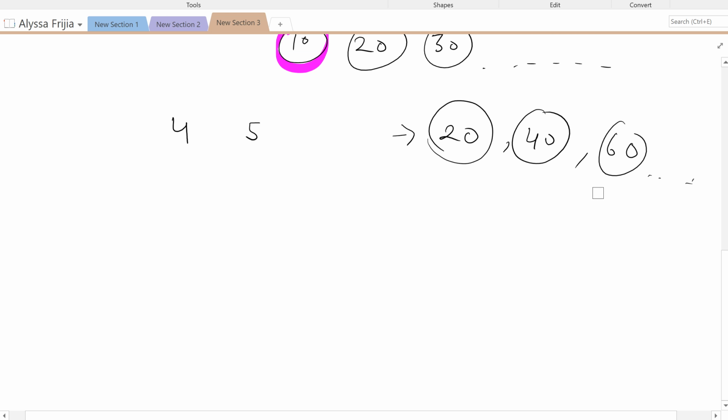All these are multiples of 4 and 5, and we are interested in the least, the smallest. This number is the smallest, so the least common multiple is 20. So 20, 40, and 60 are multiples of 4 and 5, and the least common multiple for 4 and 5 is 20.